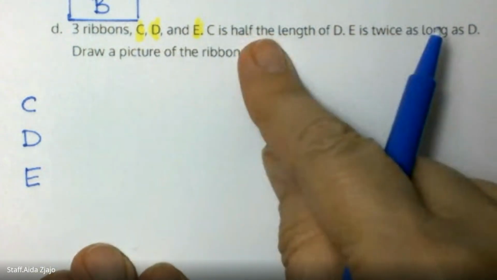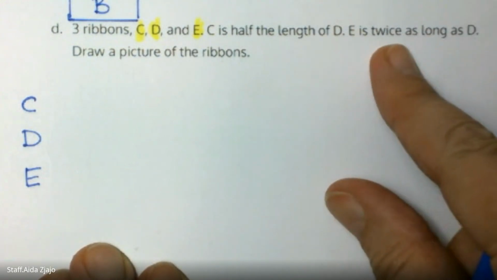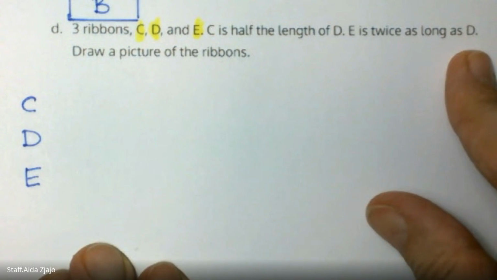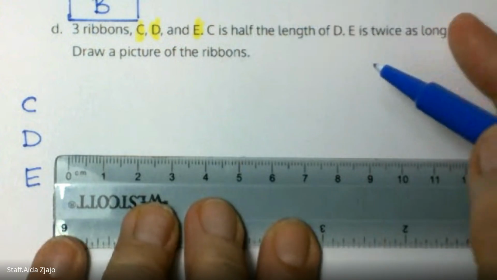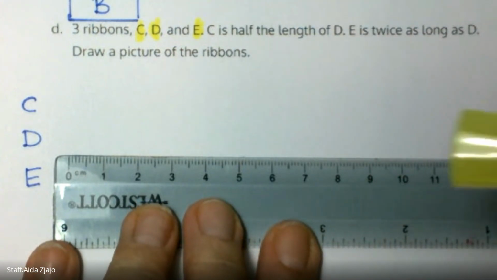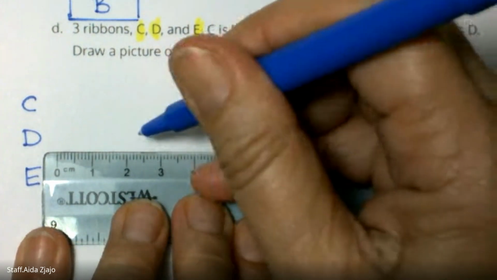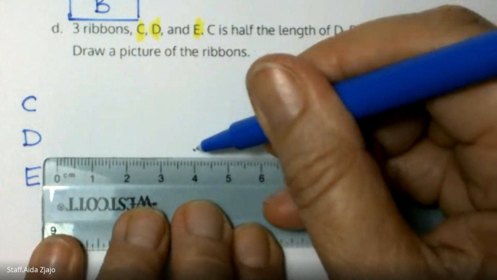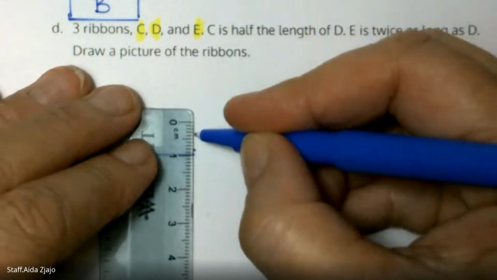C is half of the length of D, and E is twice as long as D. So let's start with D, because if we guess that D is 4 centimeters.